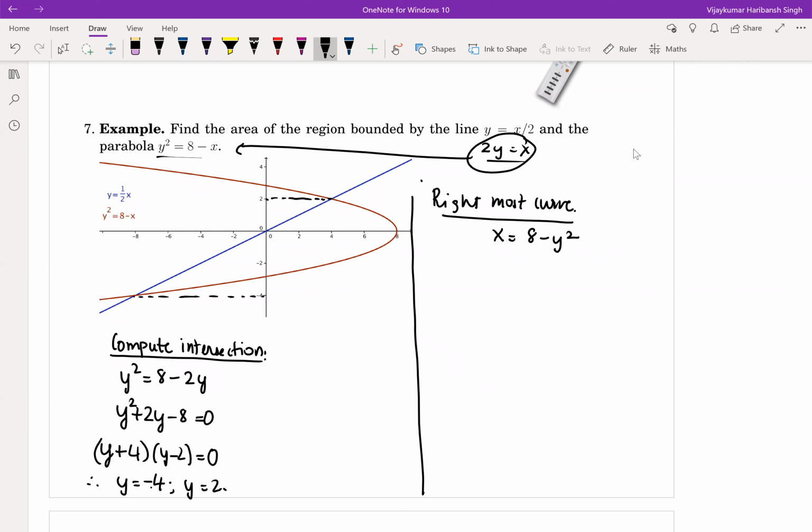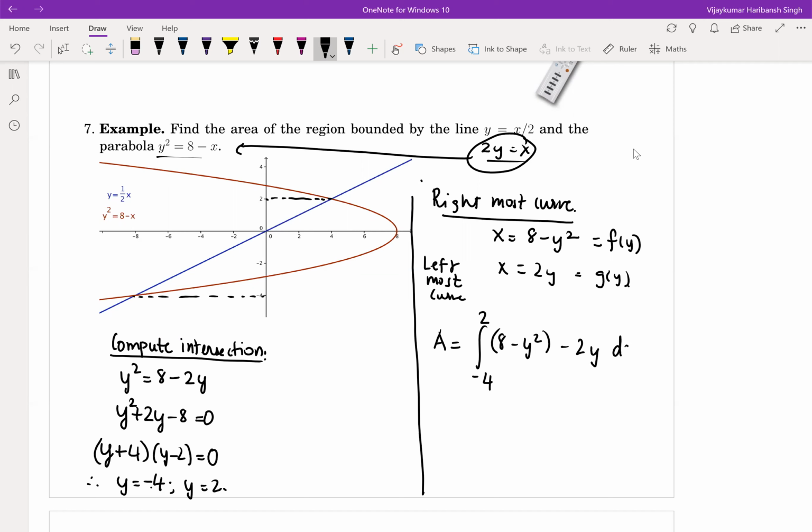This is how you're supposed to write the function, x equals f of y. The second one is the leftmost curve, x equals 2y. This is your g of y. Therefore, the area is the integral from minus 4 to 2 of 8 minus y squared minus 2y dy.